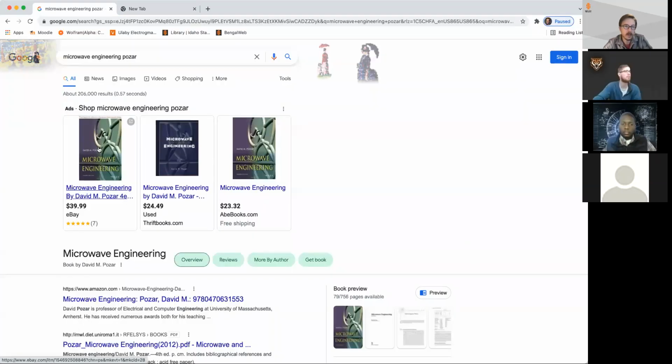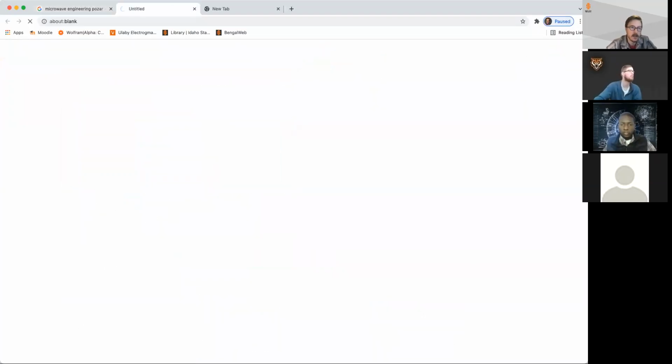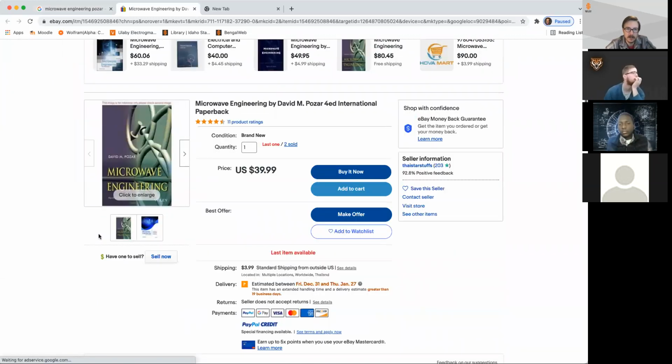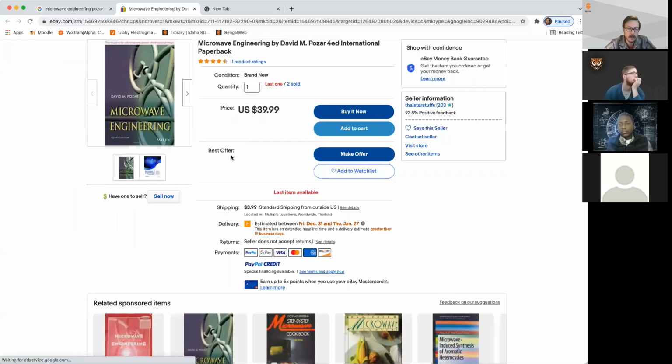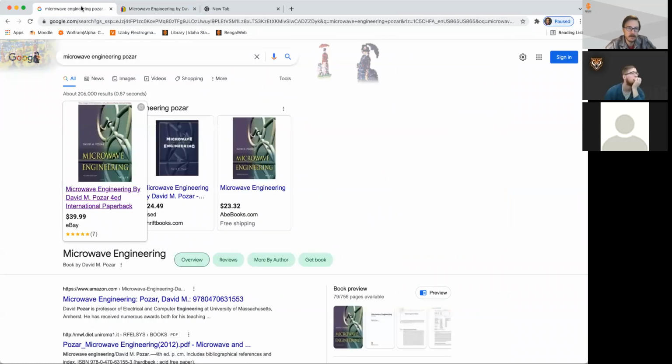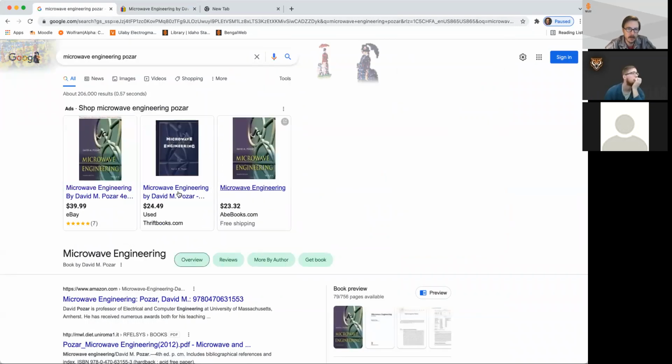Let me see. Yeah, this one looks like this. The international paperback. This book used to be super cheap. It's a little bit more now.